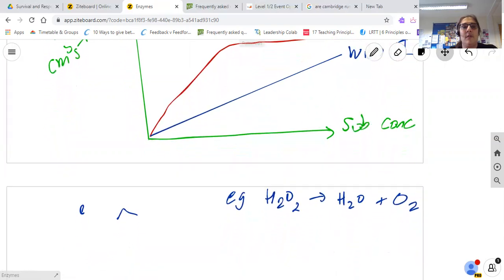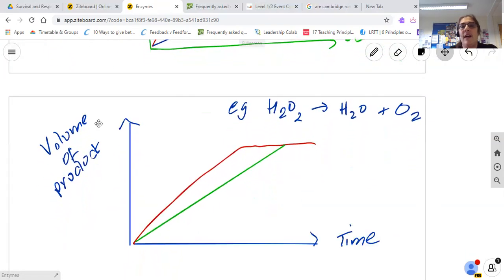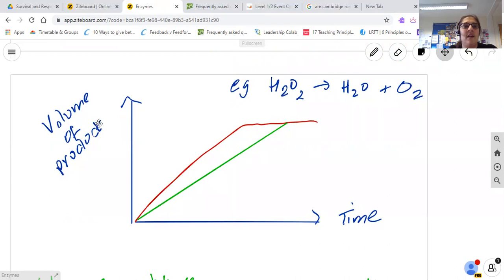Another graph, another way to present it is to measure the volume of the product against time. So for example, if hydrogen peroxide is broken down into water and oxygen, and we look at no inhibitor, or we look at the presence of an inhibitor, obviously with no inhibitor, the reaction increases, then levels off because you've actually used up all of your substrate.